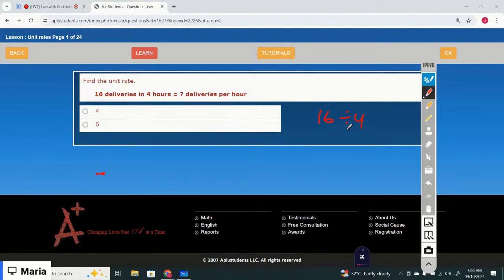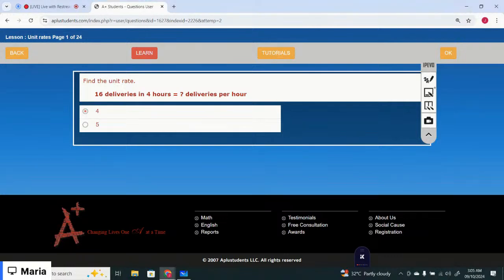So 4 times what number is 16? That is 4. 4 times 4 is 16. So that means 4 deliveries per hour. Option number 1 is the correct option.